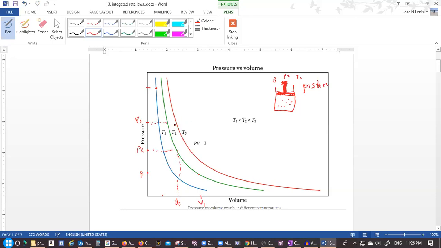Yeah, the volume will decrease to volume 3. So you can conclude from here that as pressure goes up, then volume goes down. And we call this relationship an inverse relationship. So we say pressure is inversely proportional to the volume.